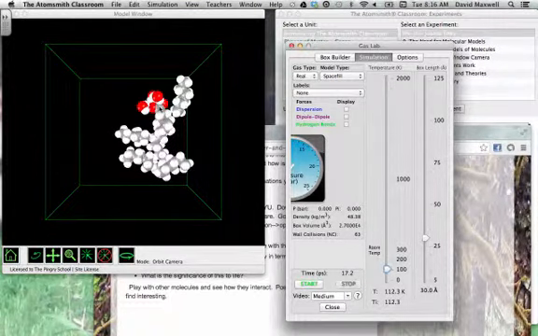Okay, so you can see here, this is stearic acid. Here's its acid group, here are the water molecules, and then here are the hexanes.